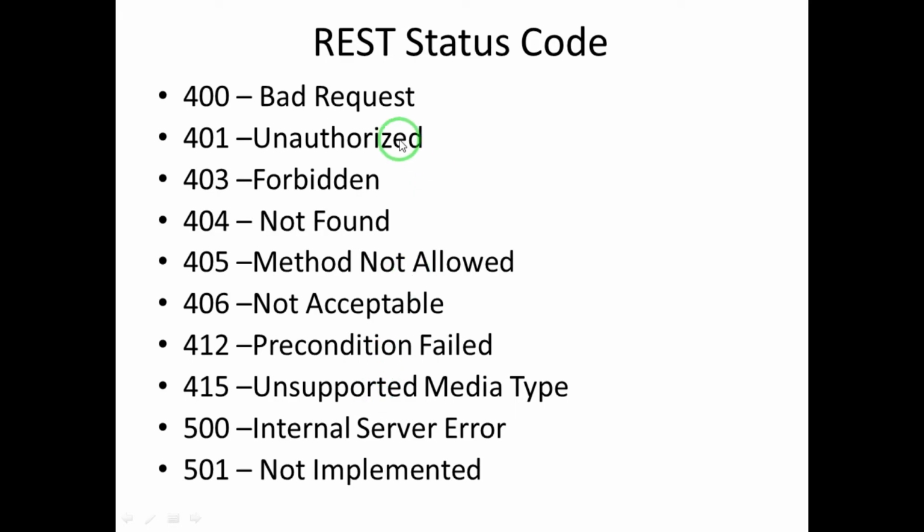Here I have given some more. 400 means bad request. 401 means unauthorized. 403 means forbidden, you are not an authorized user. 404, the famous one, not found. And 500 internal server error means that it is the problem of the server, not your problem, not a coding problem.